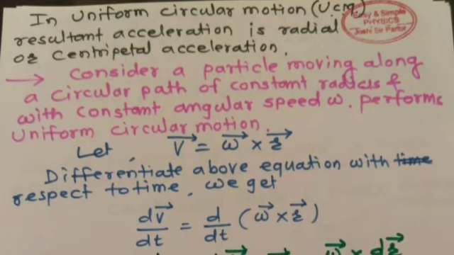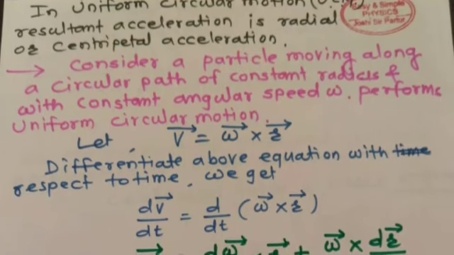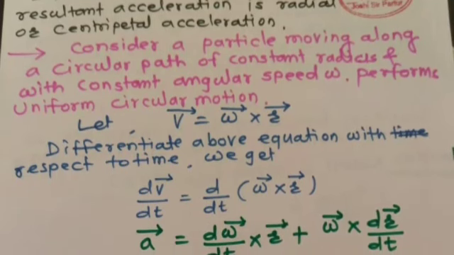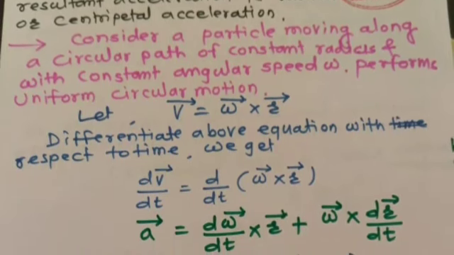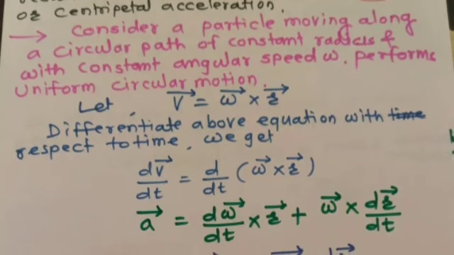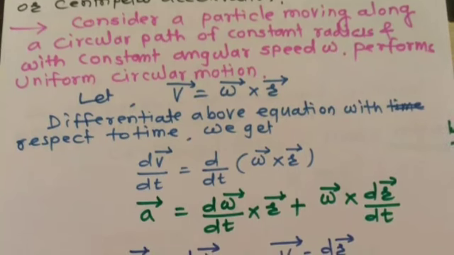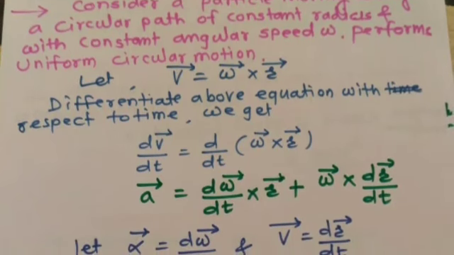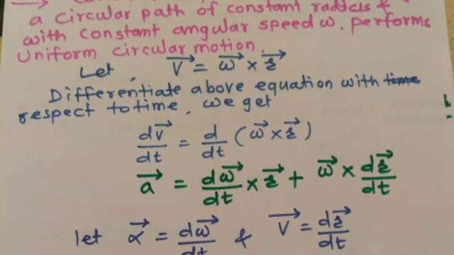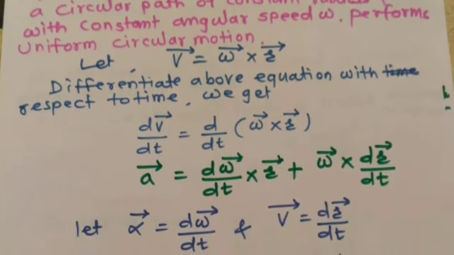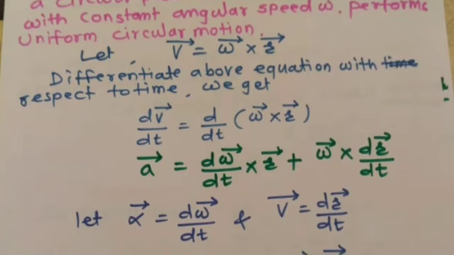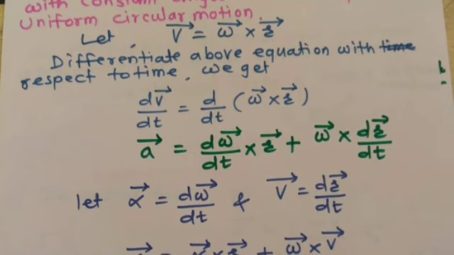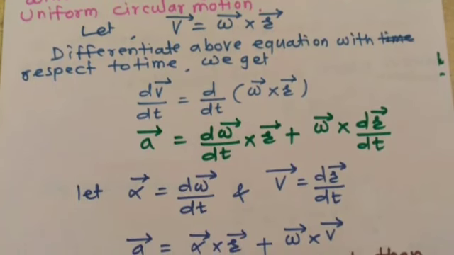In uniform circular motion, resultant acceleration is radial or centripetal acceleration. This can be solved by considering a particle moving along a circular path of constant radius and with constant angular speed omega performing uniform circular motion. Let vector v equal to vector omega cross vector r. Differentiate the above equation with respect to time.